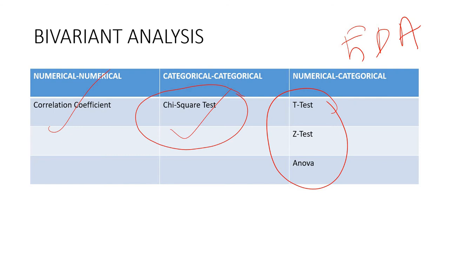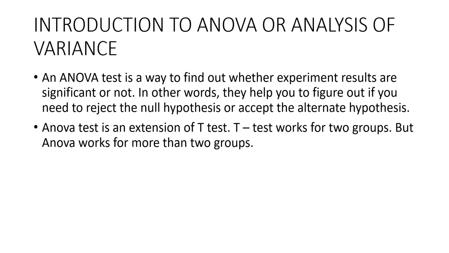You can watch it. In this video, I am going to have a comparison between one-way ANOVA and two-way ANOVA. So this is a quick introduction to ANOVA. ANOVA stands for analysis of variance. An ANOVA test is an easy way to find out whether experiment results are significant or not.